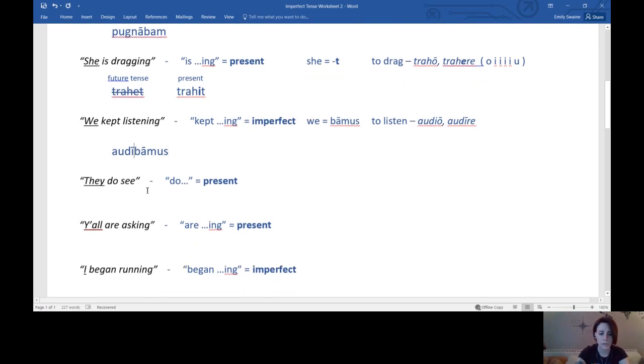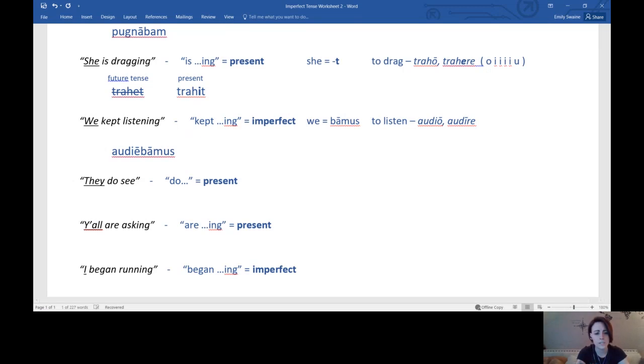But you're forgetting one really important thing, is that the syllable before the BA has to lengthen, and we can't lengthen an I anymore because we already have a macron on it. So what we need to do is add an E. Audiebamus is what we end up with. So not audibamus, but audiebamus.